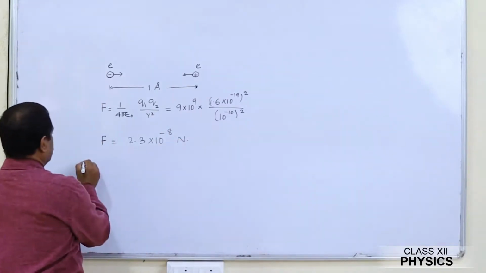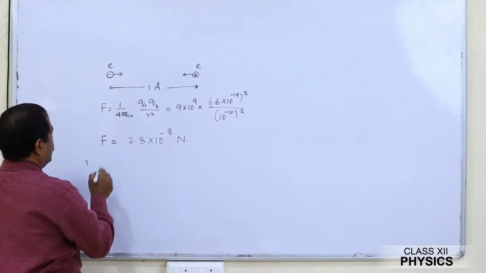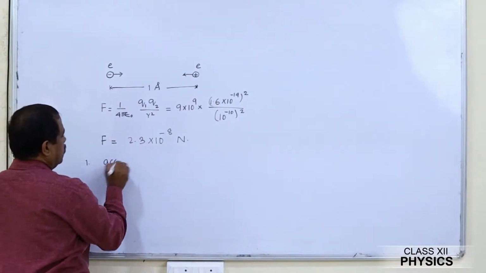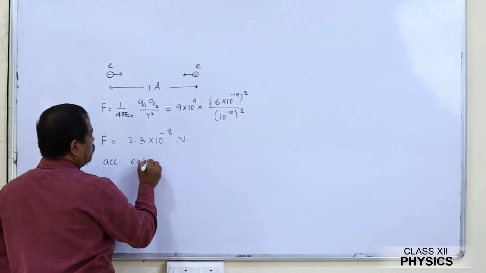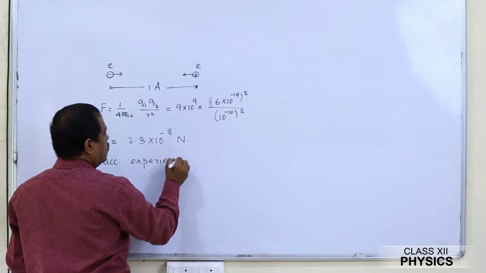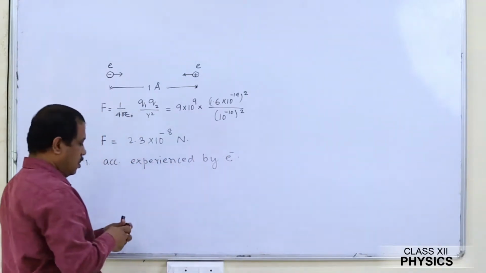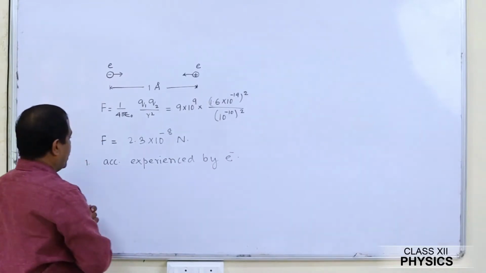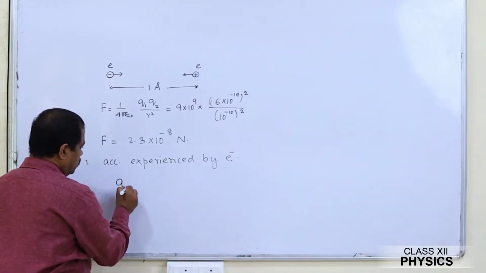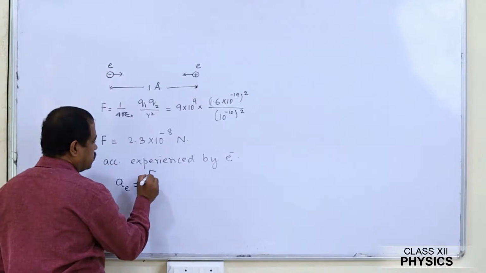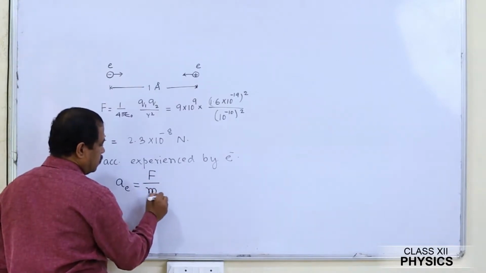Now, the first concept I want to check is the acceleration experienced by the electron. The acceleration on the electron is the force experienced divided by the mass of the electron.